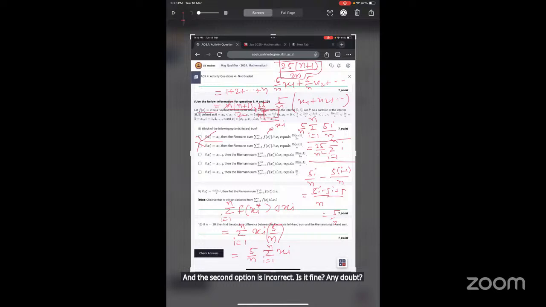No? Okay. Similarly, you just try to compute the third option.